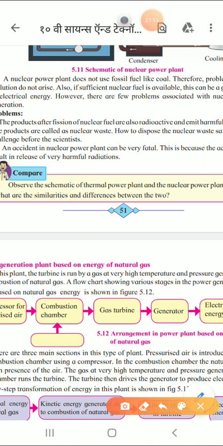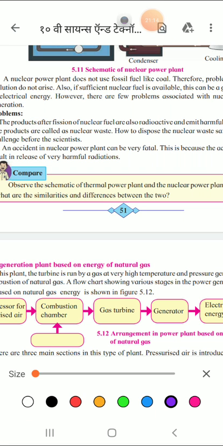Let me highlight the other important point for you. See children, the products after fission of nuclear fuels are also radioactive and emit harmful radiation. These products are called nuclear waste.